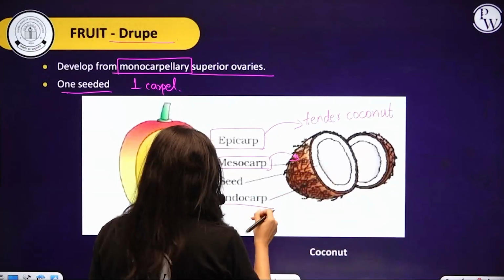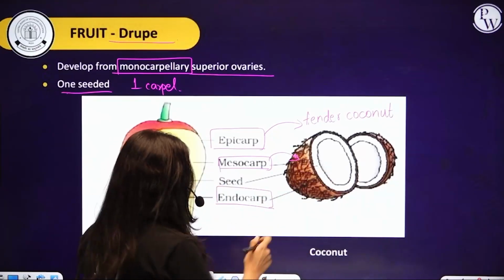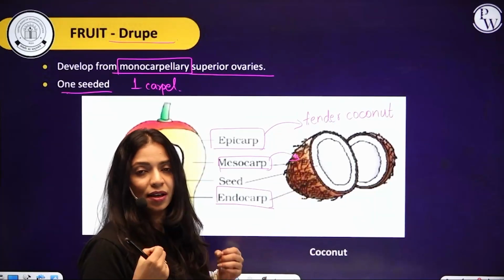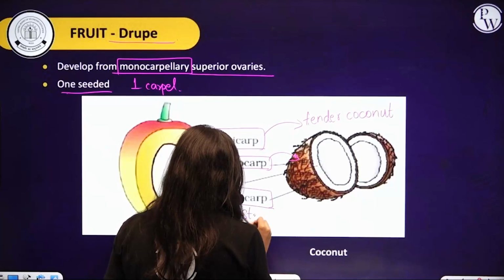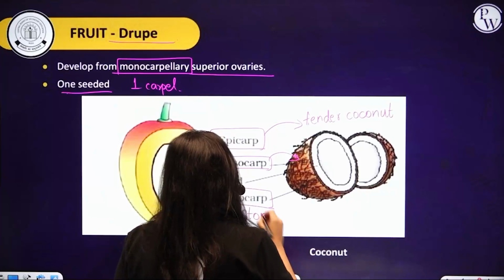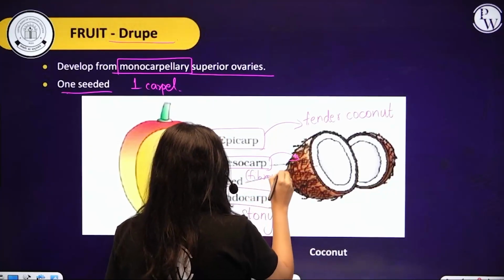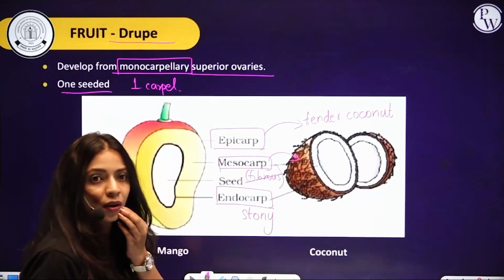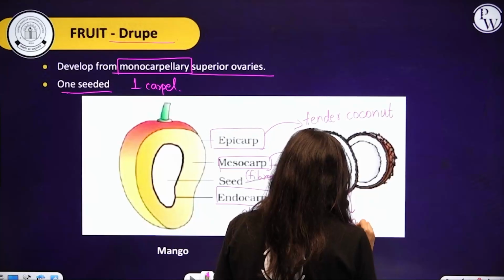If you remove all of this fibrous stuff, you have a hard part, which is stony in nature. That is the endocarp. Mesocarp is fibrous in coconut. What we eat, what is edible here, is the endosperm.